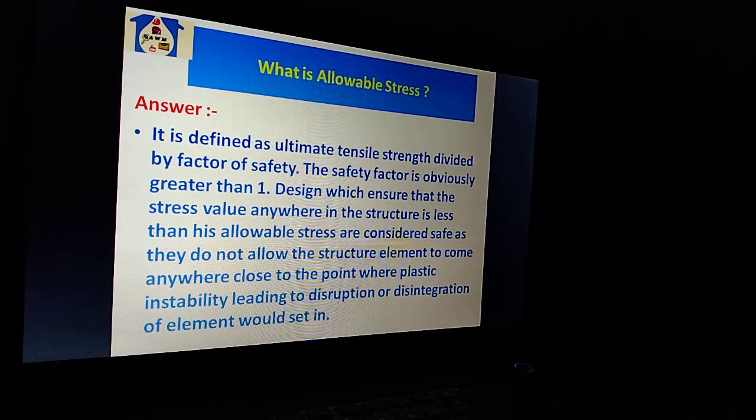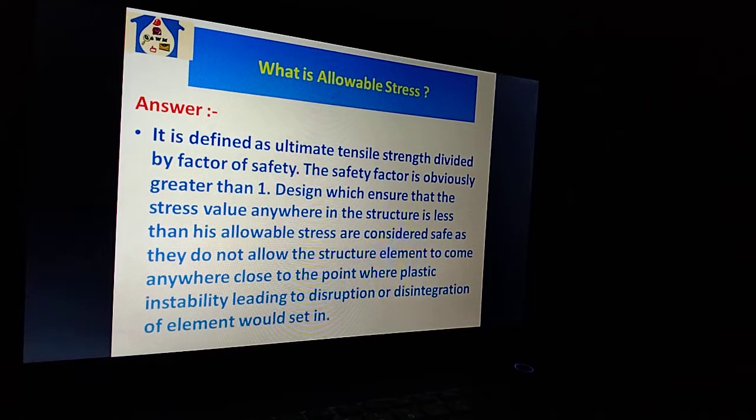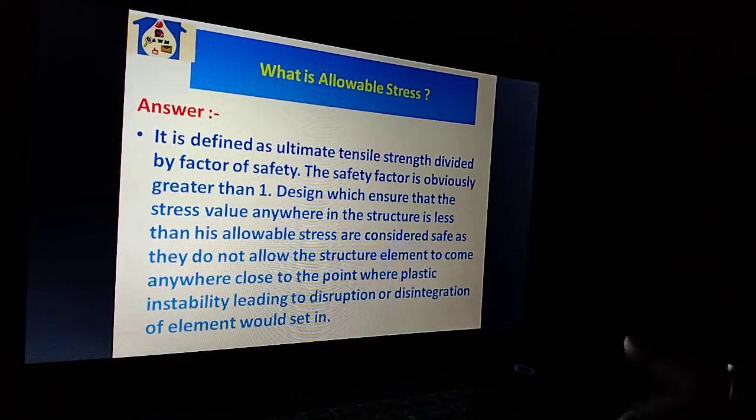Designs which ensure that the stress value anywhere in the structure is less than the allowable stress are considered safe, as they do not allow the structural element to come anywhere close to the point where plastic instability leading to the disruption and disintegration of the element would set in.